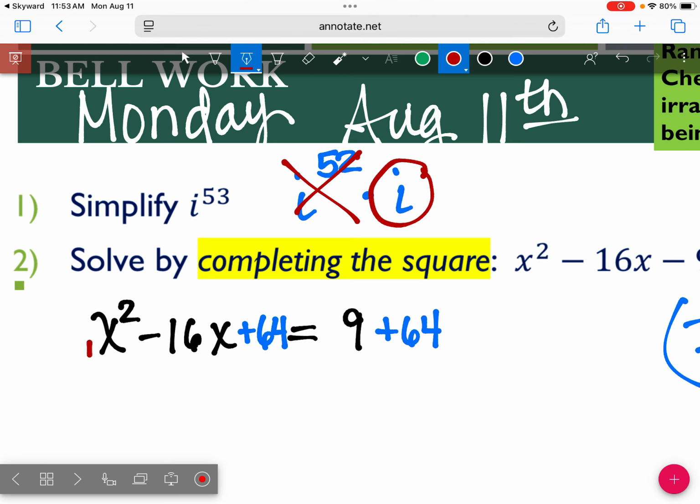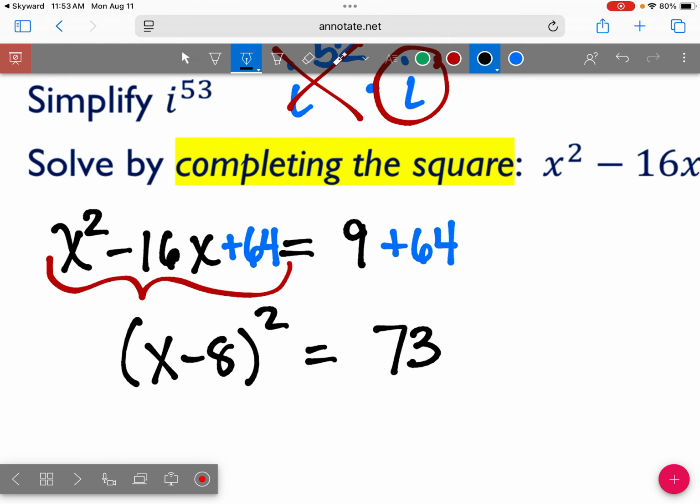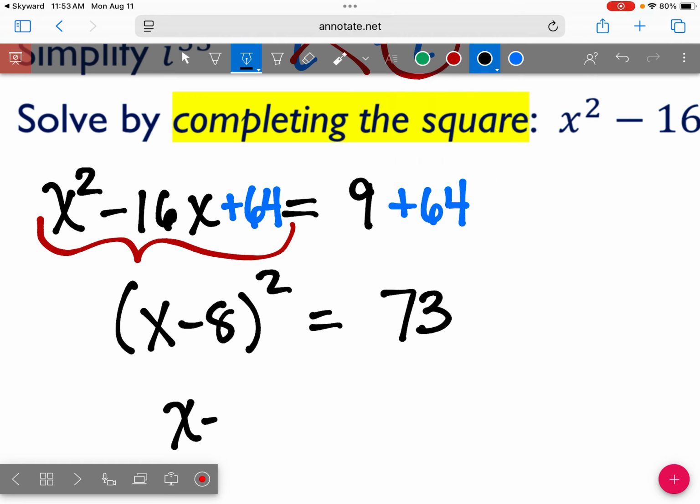So the reason why we did that is because we need this side to be a perfect square. So that factors down to (x minus 8) squared. And that's going to equal 73. Now we take the square root of both sides, which gives us x minus 8 equals plus or minus the square root of 73.